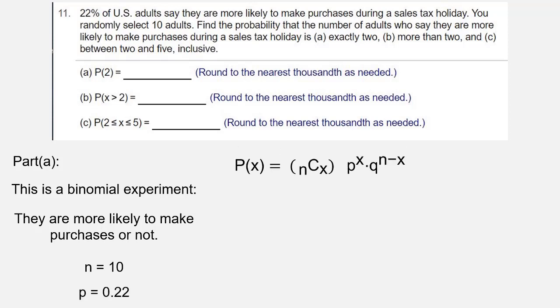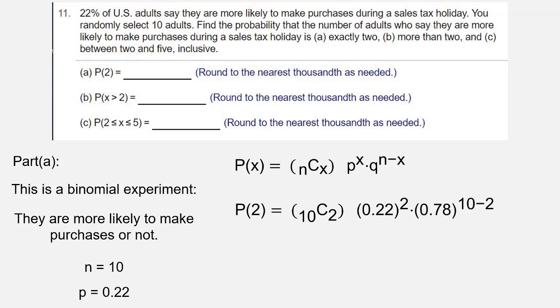So, by the formula, P of x, probability of x occurrences, is given by nCx, p to the x, q to the n minus x. So, if p is 0.22, what is q? Well, we find q by doing 1 minus p. 1 minus 0.22 is 0.78. We plug those in.